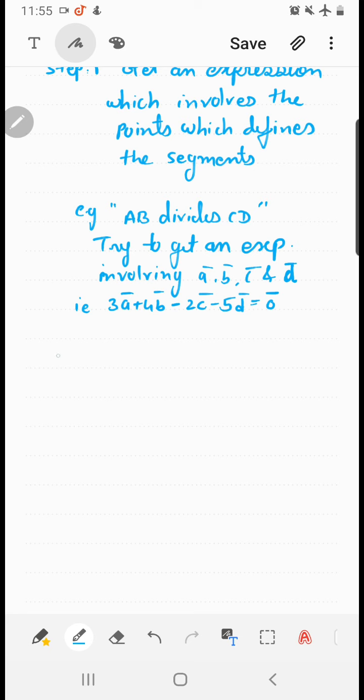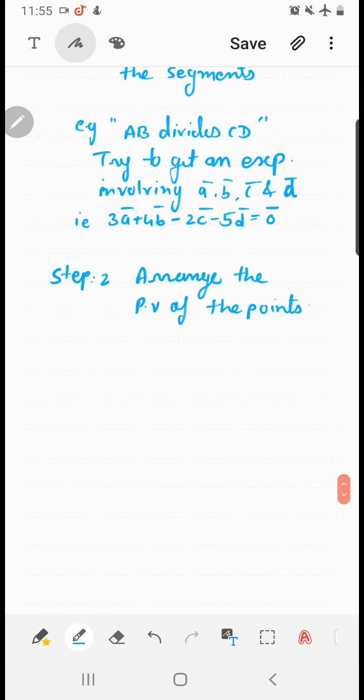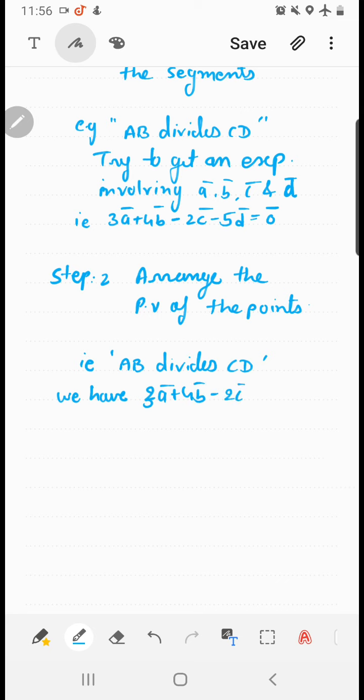So once you get an expression, in step number 2, arrange the position vector of the points. Let us say again we have AB divides CD and we have 3A bar plus 4B bar minus 2C bar minus 5D bar equal to 0 bar.